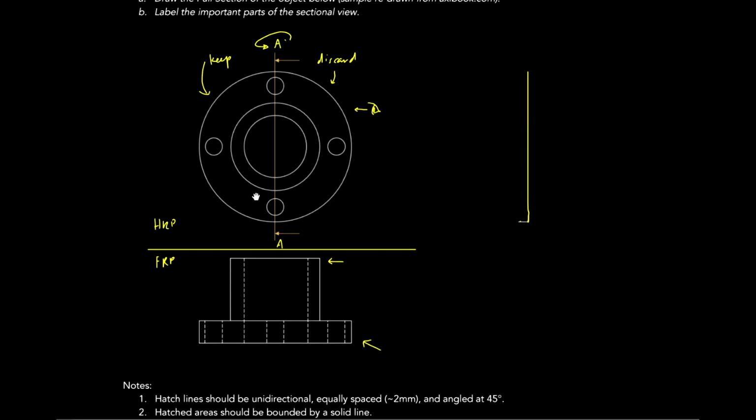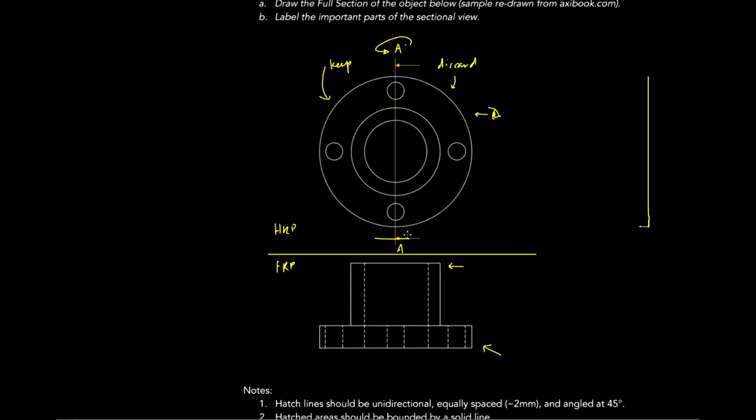Kung opposite naman, kunwari nandito ka to the right, dapat yung view mo is somewhere pa ganyan dapat dito. And in that case, kung ito naman yung i-discard natin, para siyang right side ng HRP.